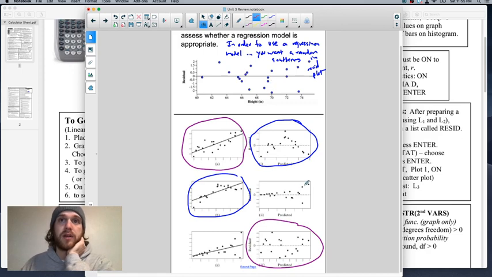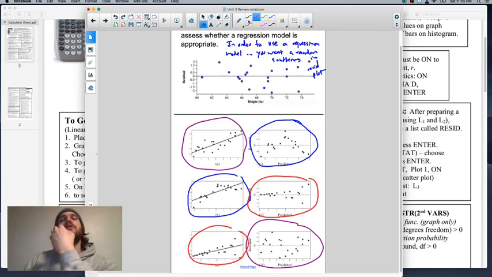Yeah, and then down here in red, those two are matched up. So let's take a look at these 3 residual plots and talk about which one a line is definitely not appropriate for. I would say the one that a line is least appropriate for would be the one in blue.